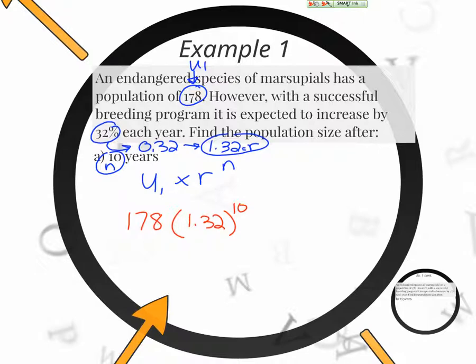I don't foresee there being any issues with this formula. Now I'm going to just write down all the digits I got to start with. So we got 2,858.639 marsupials. If I want to use 3 significant figures here, how would I round this?